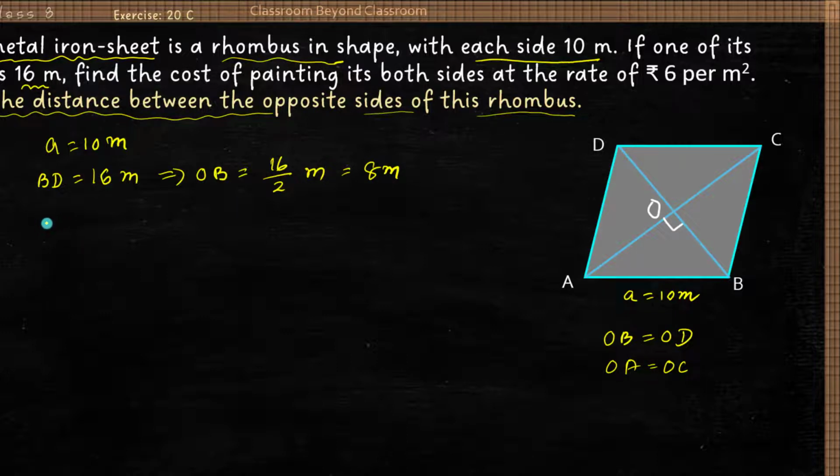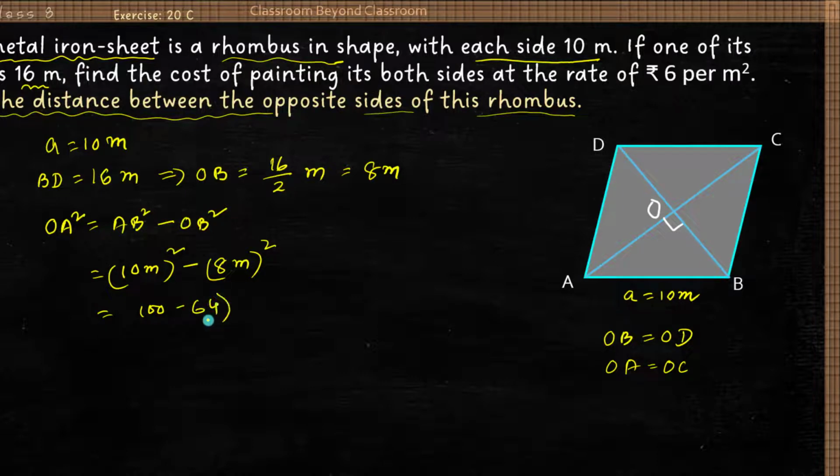Now, by applying the Pythagoras theorem, OA square is equal to AB square minus OB square, and AB is side is 10 meter, so 10 meter square minus OB is 8 meter, that is equal to 100 minus 64 meter square, is equal to 36 meter square.